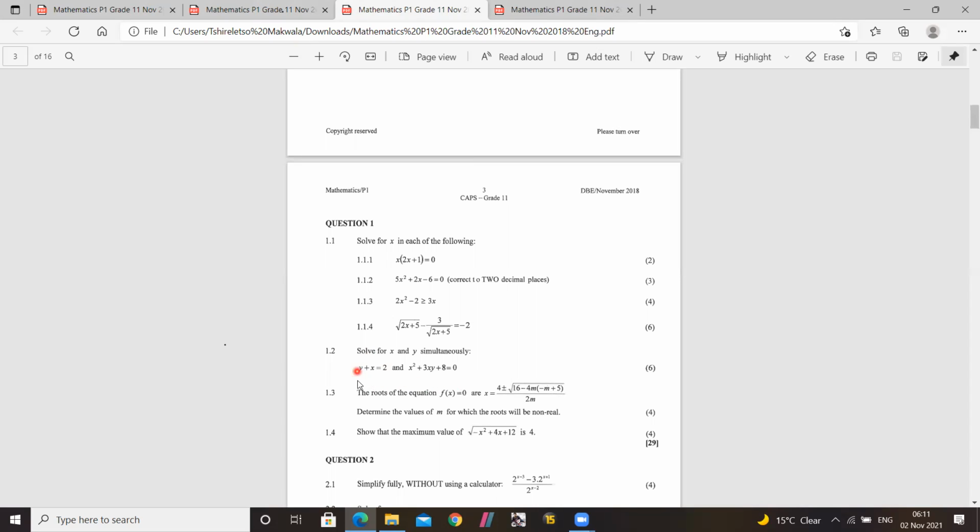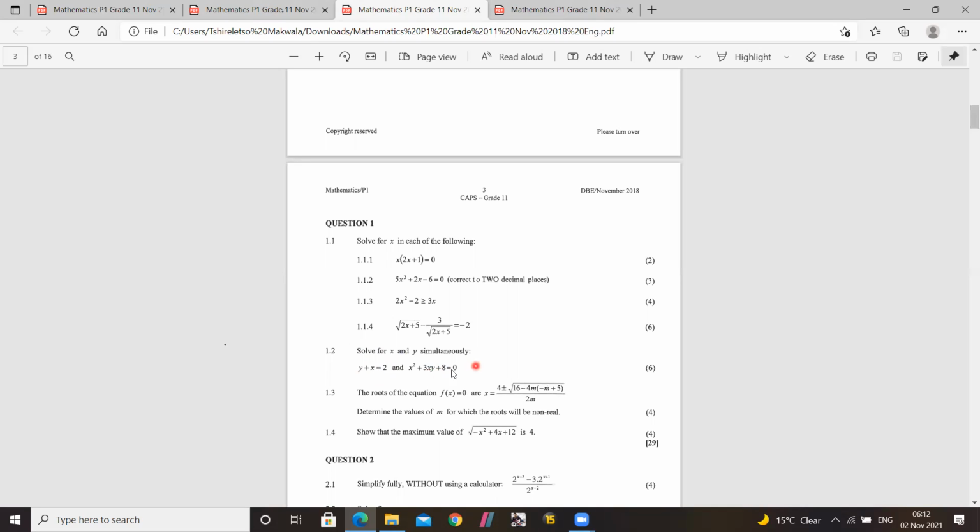Do you see this one is easier to work with, because you can just say x is equal to 2 minus y, or y is equal to 2 minus x. Then you substitute that x or y into the other equation, and that way it will solve for x or for y.